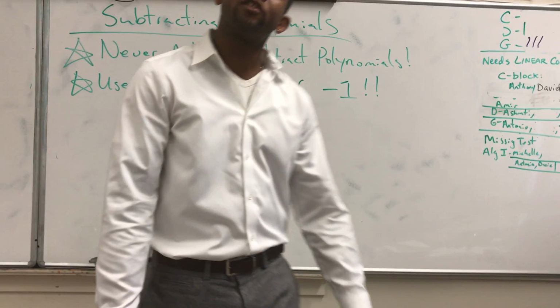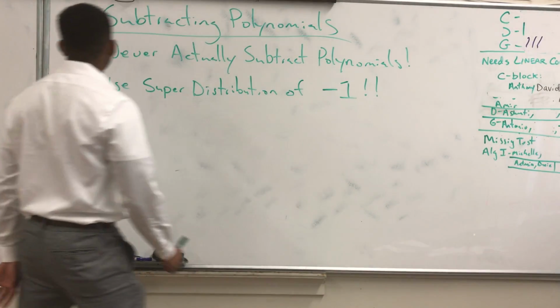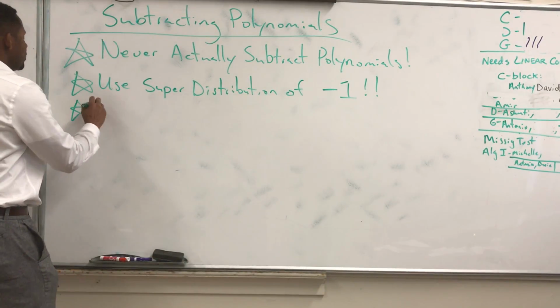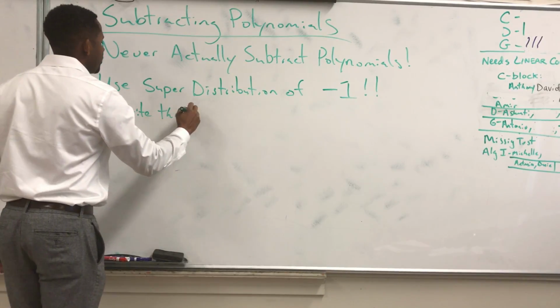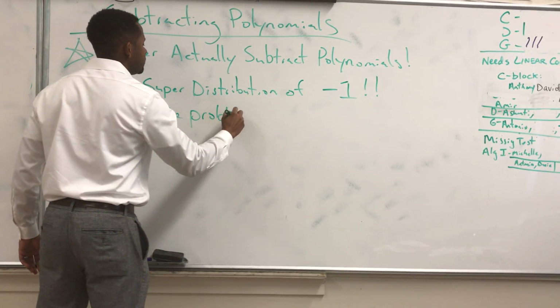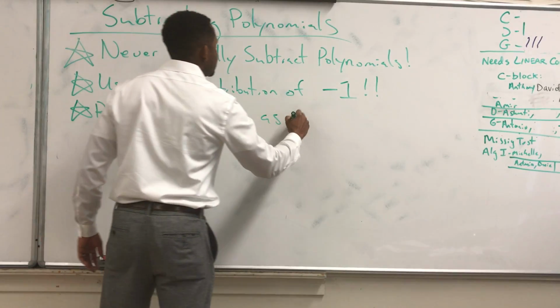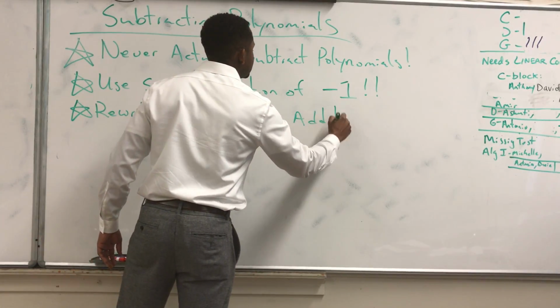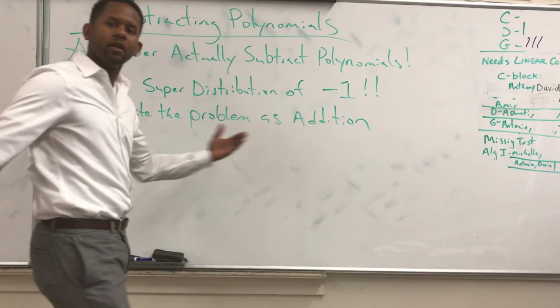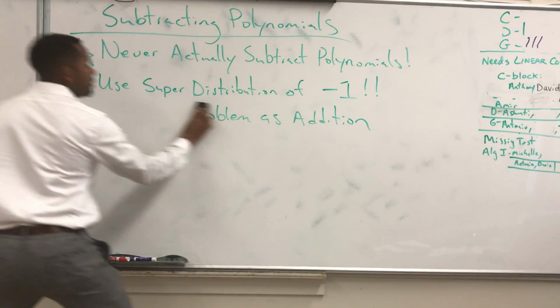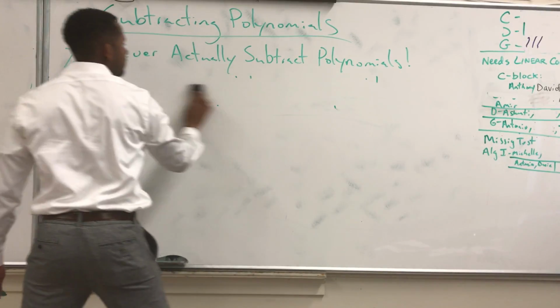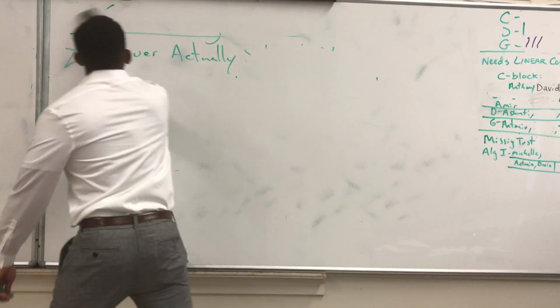We're going to use a super distribution of -1, which will allow us to rewrite the problem as addition. Okay? So that's what we're basically going to do. So let's now talk about those things.